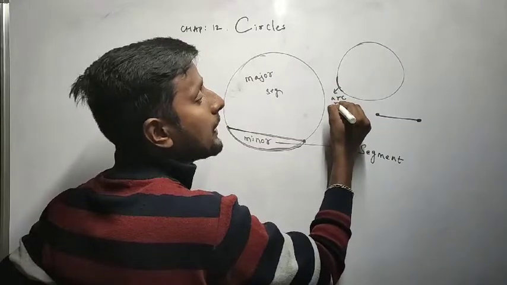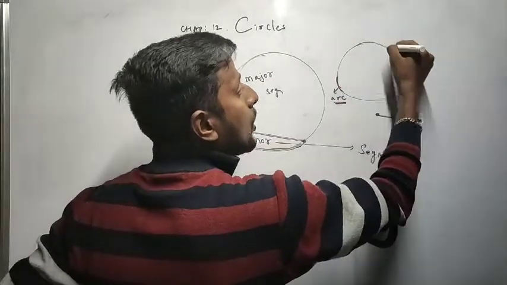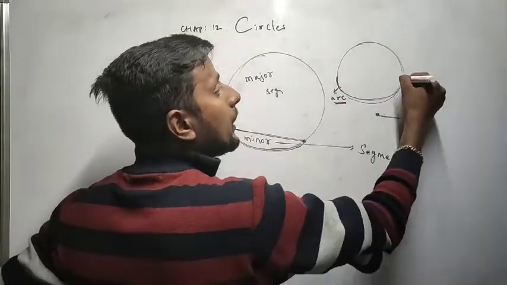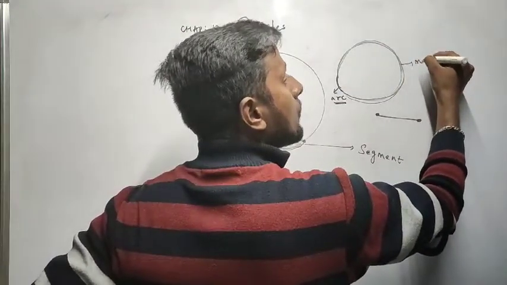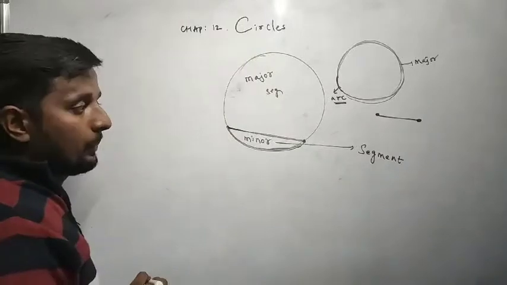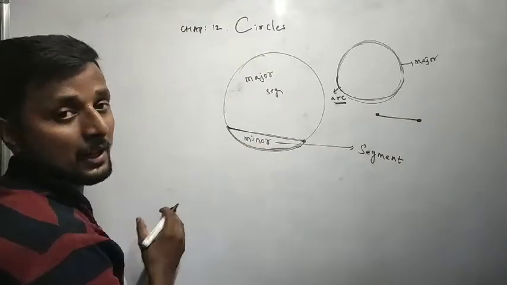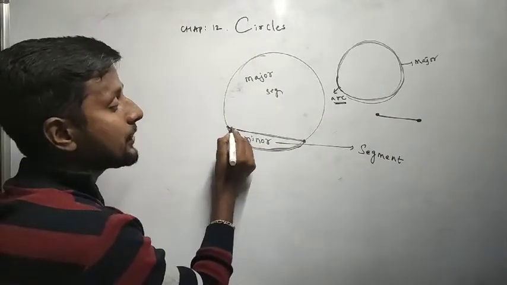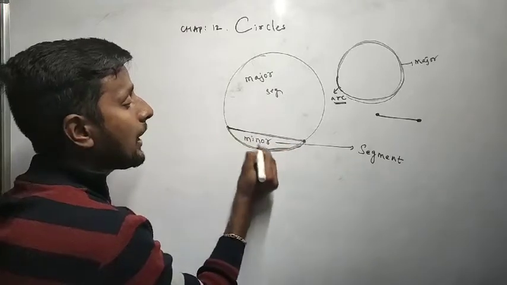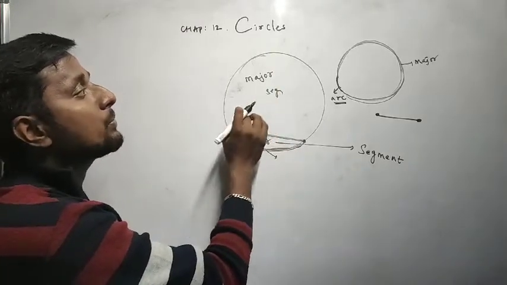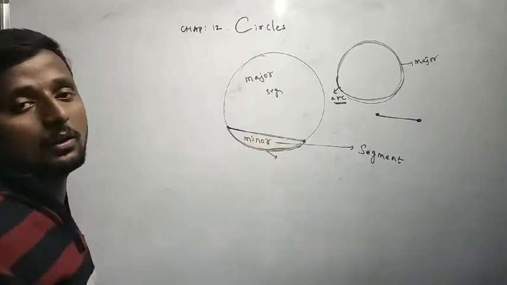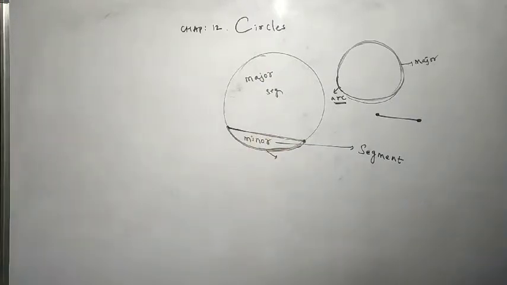A small arc is a minor arc, and the rest of the arc is called the major arc. So the minor segment is a region enclosed by a chord and a minor arc, and the major segment is a region enclosed by a major arc and a chord. That is the difference between the major segment and the minor segment.